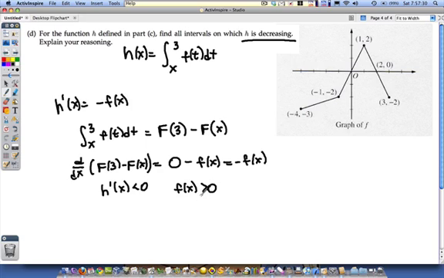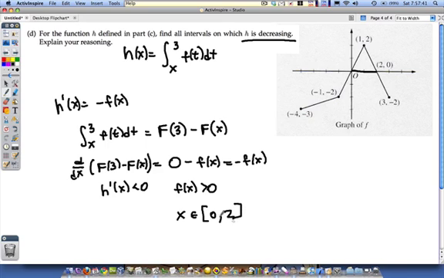Cool. So where's f of x positive? From here to here. And so x has to be in the interval from 0 to 2. And actually it's an open interval. We don't count 0 as being positive or negative, so it's an open interval. And that's how you do that question.